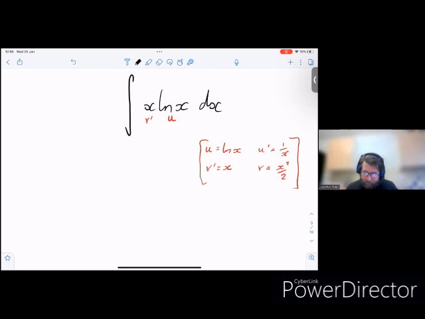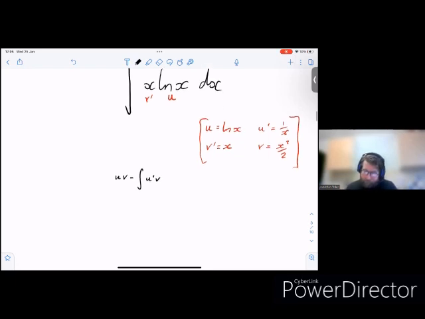Right, so here we go. Let's see if you can remember the formula. Try and write it down. So the right-hand side of that formula is uv minus the integral of u dash v. It's pretty straightforward, isn't it? Okay, so uv then is log x times x squared over 2. So I'm going to write that as a half x squared log x minus the integral of u dash v.